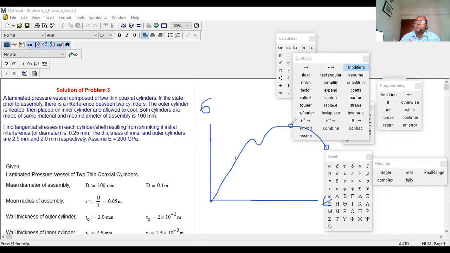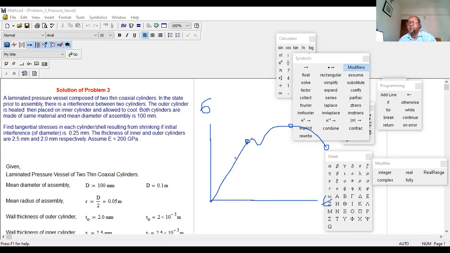That is the maximum stress you can apply to that material, but it will not come back to the previous position. But if you load it up to the yield point, what will happen? Like you pressurize a pressure vessel, its diameter will increase a little bit, but after you remove all the pressure, it will come back to the previous position.